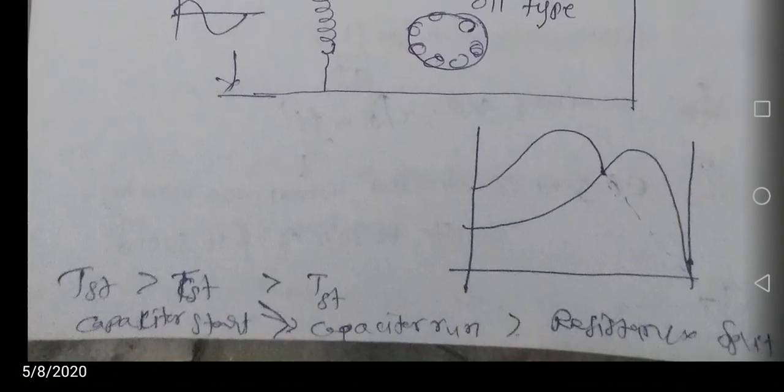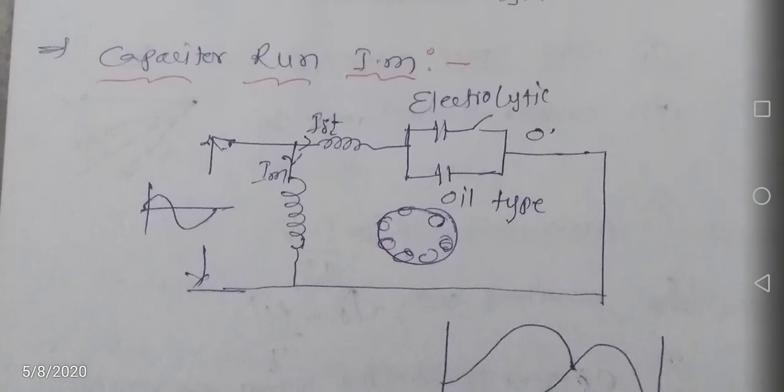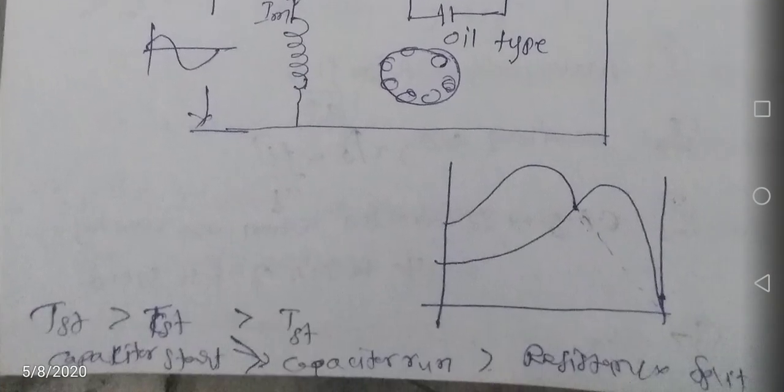By this, the angle between the starting current IST and the main current IM is also 90 degrees, so this also gives higher starting torque. The starting torque is higher with the capacitor start method, and lower with the resistance split phase method.